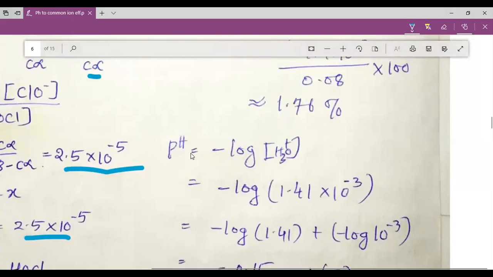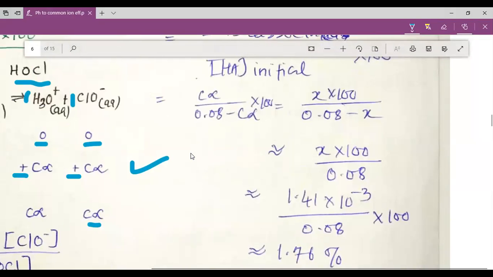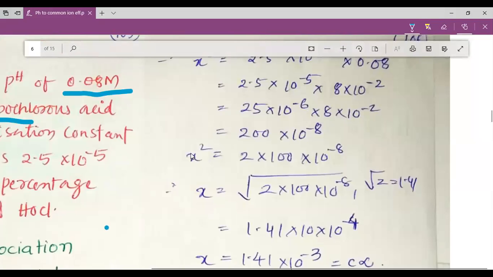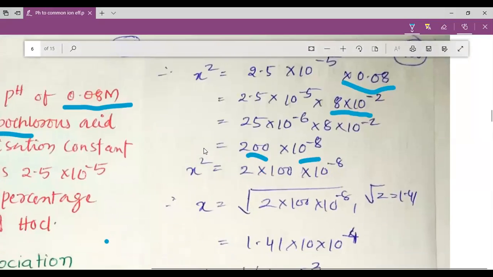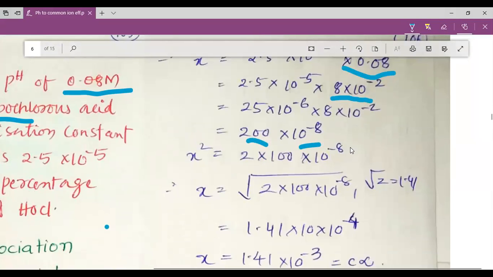Now, my dear students, let us solve this problem. As we know that x square is equal to 2.5 into 10 to the power minus 5 multiplied by 8 into 10 to the power minus 2. That is equal to 25 times 8 is 200, and 10 to the power minus 6 times 10 to the power minus 2 is 10 to the power minus 8. So thus we have x square is equal to 2 multiplied by 100 into 10 to the power minus 8.